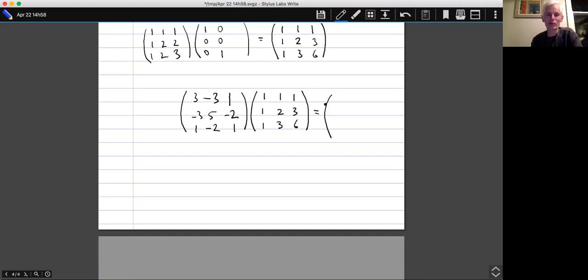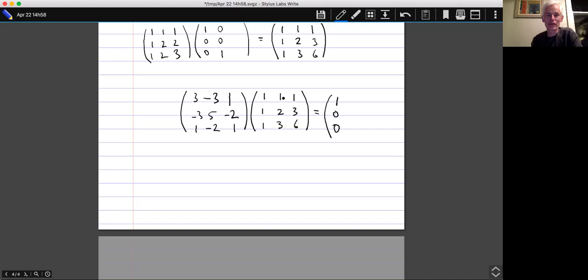3 minus 3, 1. So that's 1. Am I going to get 0? Yes, I am going to get 0. And I'm going to get 0, just as I said, right? So what about the next column? So I get 3 minus 6 plus 3.